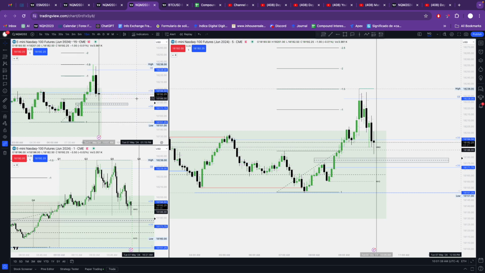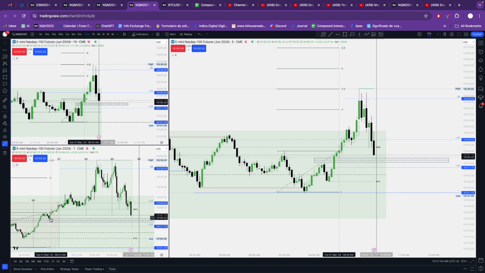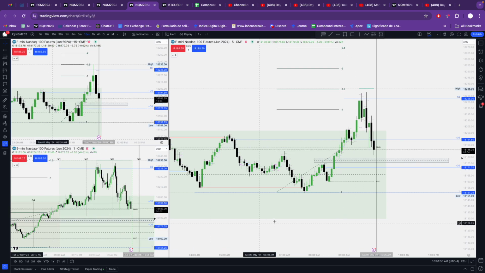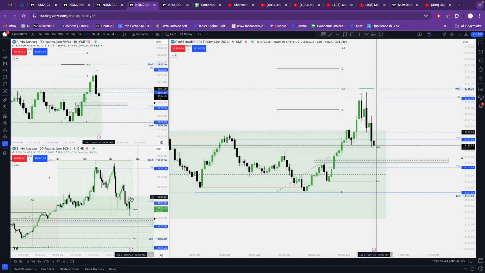15, fair value gap right in here. And we do have a low here on the one. To blue, we're going to go for that. And then we have stage one, break this low here, run up stage two.